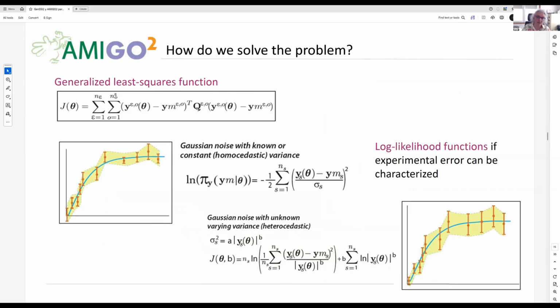We can have the identity, the maximum data, the mean data, and it can even be completely introduced by the users, for example, to eliminate outliers or to weight some specific measures in specific ways. We also have the possibility of incorporating information about the experimental noise through the log likelihood functions. And here again, we have several possibilities depending on the type of experimental noise you have in your system.